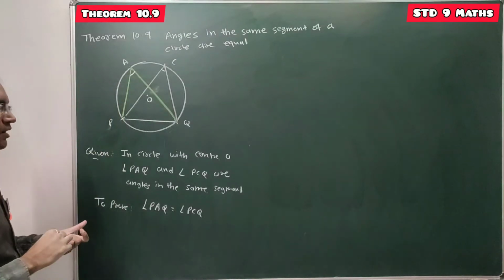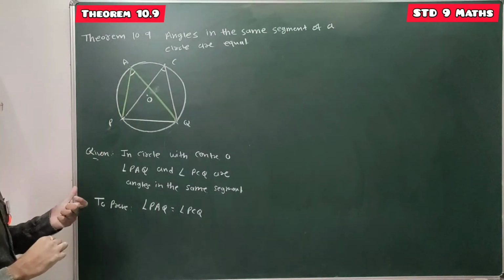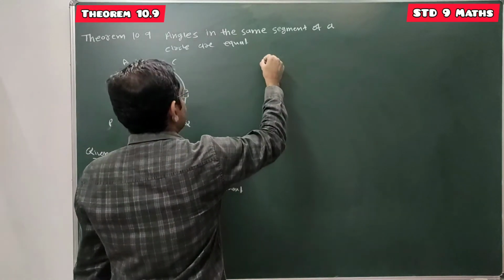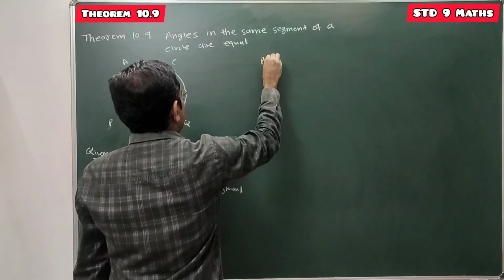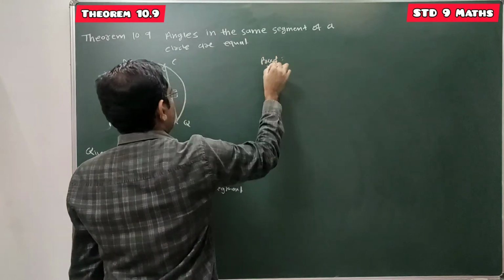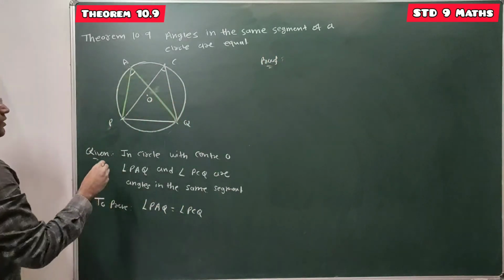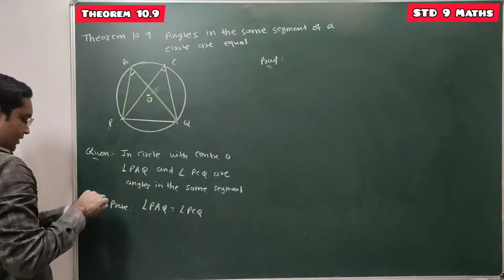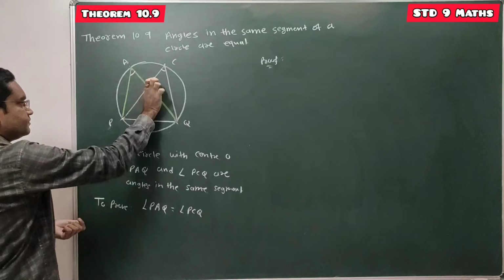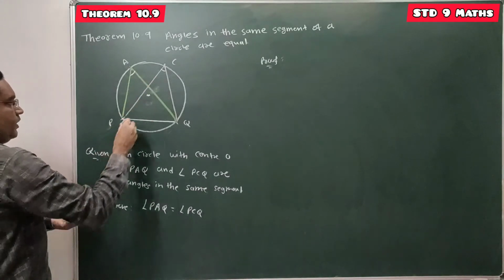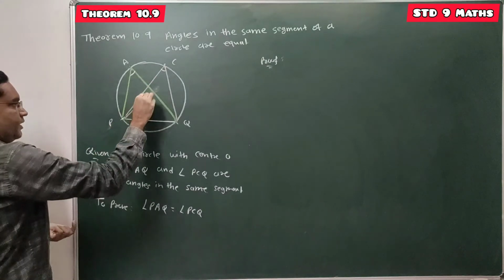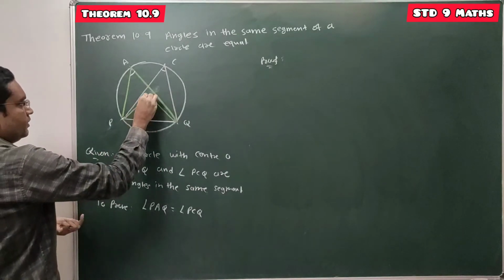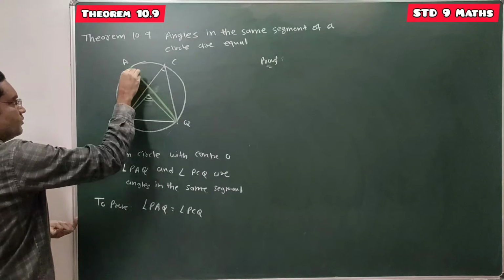Done? The proof of this theorem is based on theorem 10.8. What have we studied in theorem 10.8? So now the proof. According to theorem 10.8, the angle subtended by this chord PQ at the center, that angle is angle POQ. The angle subtended by the chord at the center is double the angle subtended by the same chord at a point on the remaining portion of the circle.